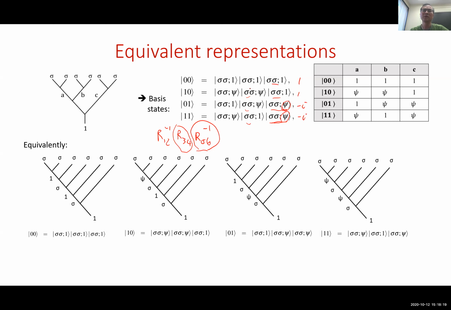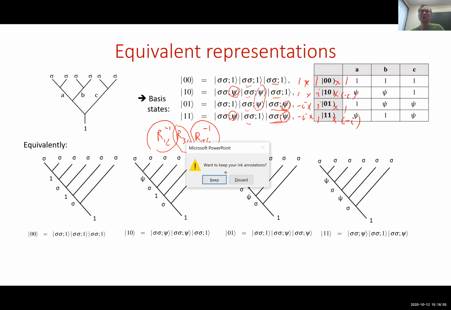If you have a psi, then you have an i factor. Then 1 and 2, the inversion of the braiding. If you have a psi, you have a minus i. So this one has minus i, and this one has minus i. Maybe I should remove that table.